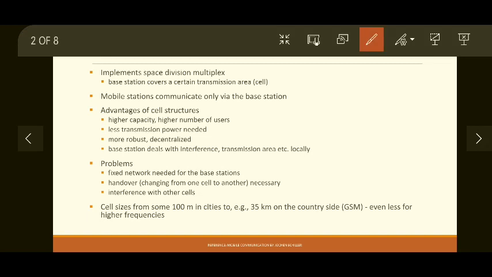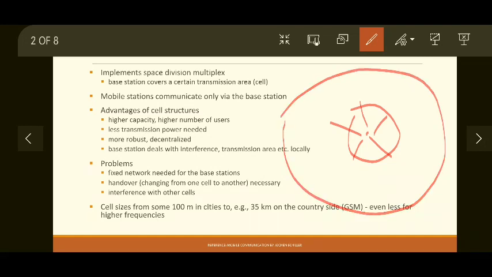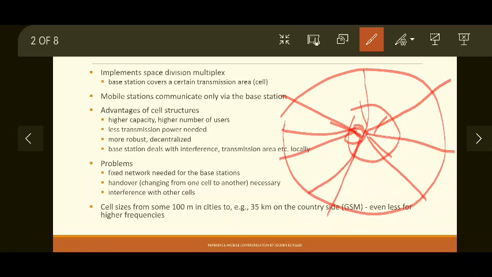For example, if the circle is small, at the center you have an antenna, you have to transmit only up to a particular distance so that users within that region will be able to communicate. But if you have a large circle, you need an antenna which is capable of transmitting radiation up to a larger distance, and larger distance means more interference and more problems.